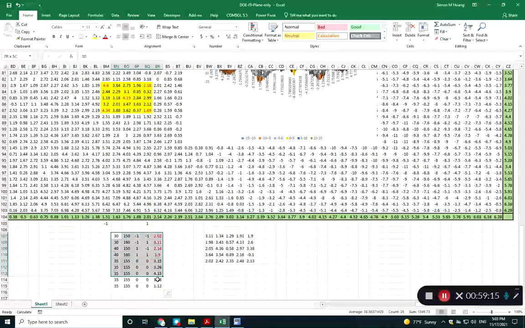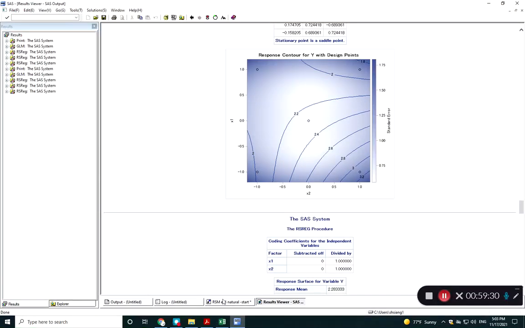Once you have the data points, you can use our old Excel to figure out the regression, figure out the center station, and everything. But remember, I said that's too much work. Let's just let SAS do it. So you plug those things in.